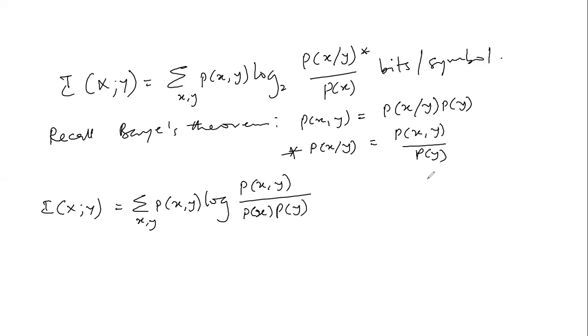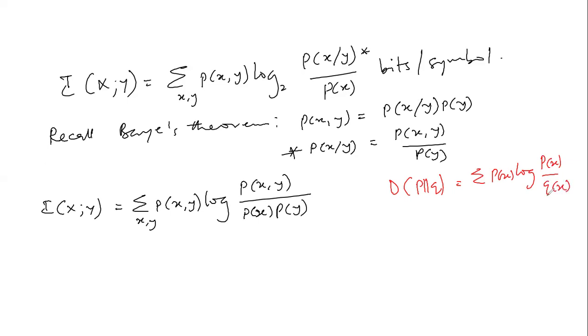Okay. And now, you will recall that the relative entropy, from what we just saw, between P and Q is the same as sigma P of X log P of X over Q of X, right?